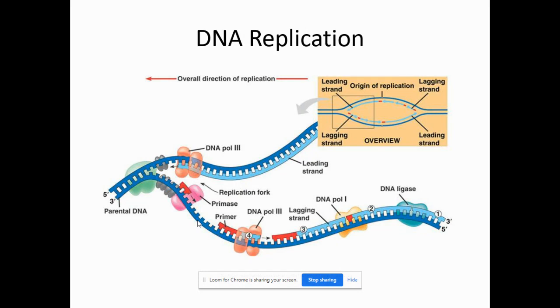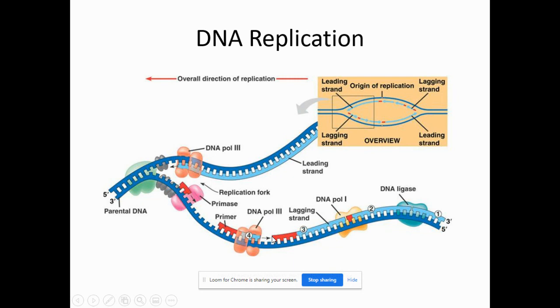Instead of having just one primer at the beginning of the daughter strand, there are multiple RNA primers attached to the lagging parental strand. That allows the DNA polymerase to sit on an RNA primer and work in the direction it does.